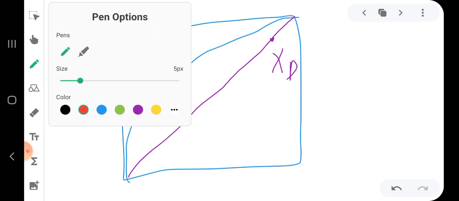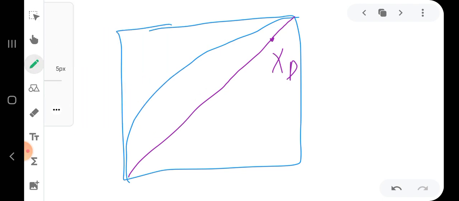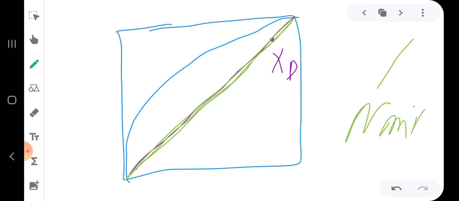For example, if you say that this green line is the operating line, it will coincide with the 45-degree line. See, the 45-degree line is this purple line, so the operating line will coincide with this purple line. At this condition, you will have the minimum number of stages.